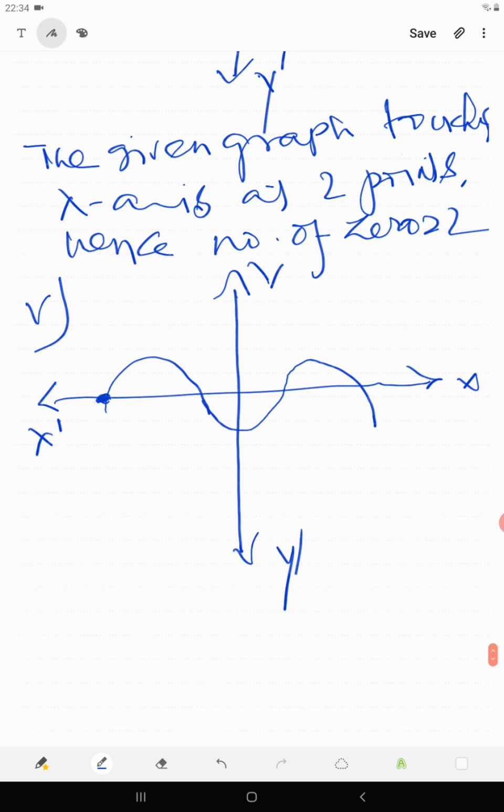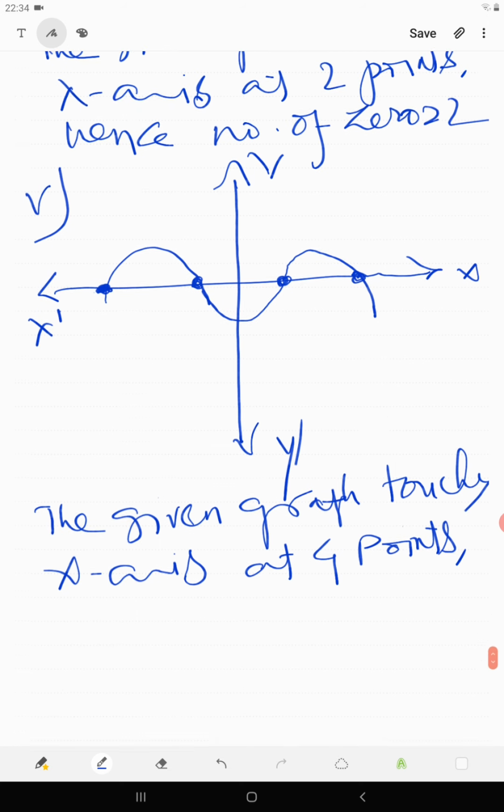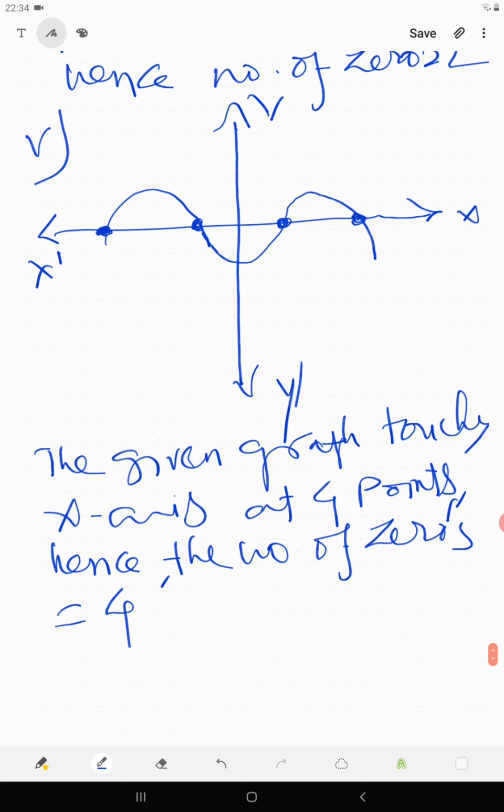So this graph is meeting the x-axis at 1, 2, 3, 4. You can see this, at 4 points it is meeting. So the given graph touches the x-axis at 4 points. Hence the number of zeros will be equal to 4. Very simple.